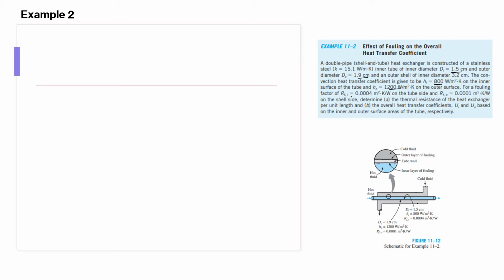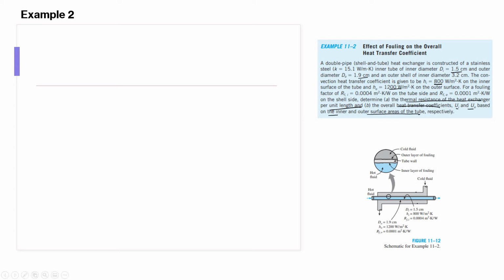For the fouling factor, Rf inner is 0.004 on the tube side and fouling factor outer is 0.001 on the shell side. You need to determine the thermal resistance of the heat exchanger per unit length and the overall heat transfer coefficient Ui and U naught based on the inner and outer surface area of the tube respectively.